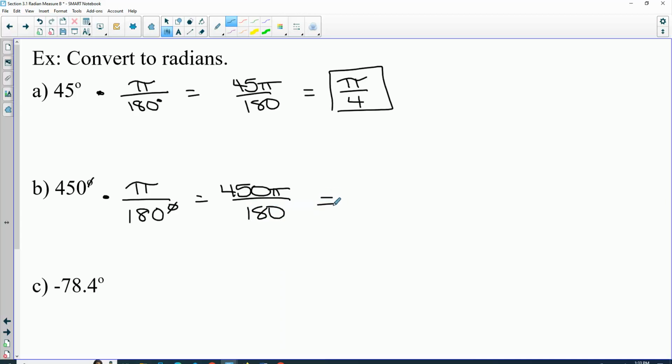Or give me 450 over 180 in lowest terms. Pi over 2. And that pi just stays in our answer. A lot of times our radian measure will have pi's in it, but it doesn't have to. So, something to keep in mind.